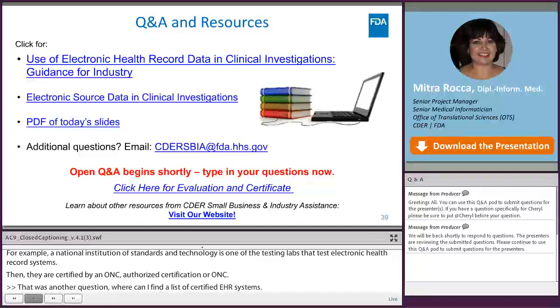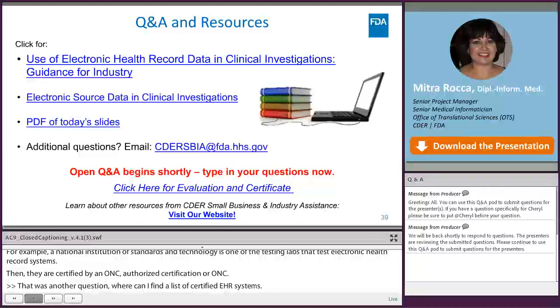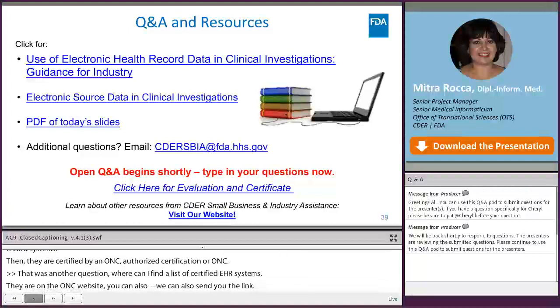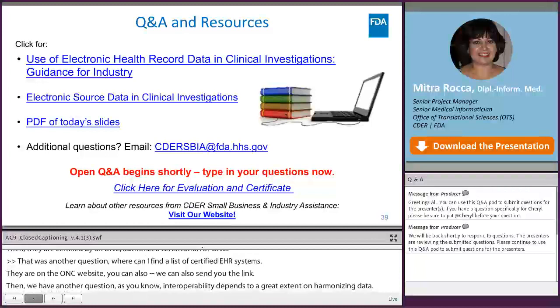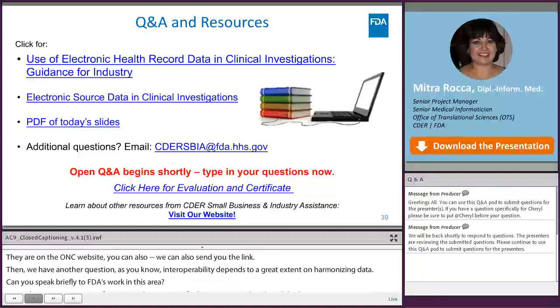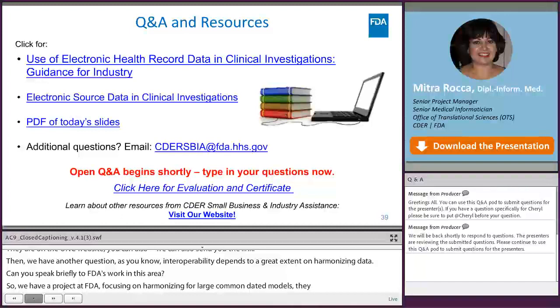Then I received another question. As you know, interoperability depends to a great extent on harmonizing data models. Can you speak briefly to FDA's work in this area? So we have a project at FDA focusing on harmonizing 4 large common data models. These 4 large common data models are FDA Sentinel Common Data Model, OMOP or Observational Medical Outcomes Partnership Common Data Model, PCORnet, and i2b2.